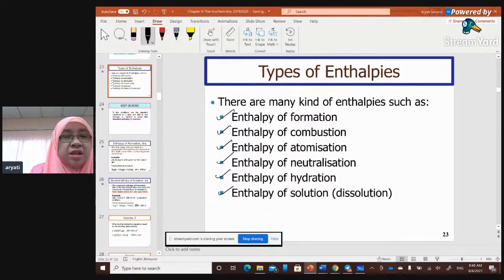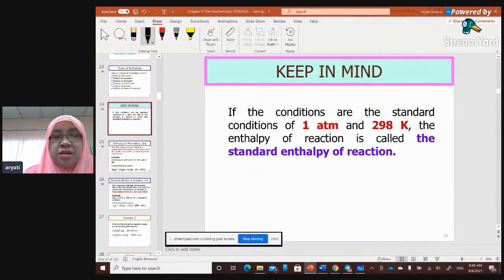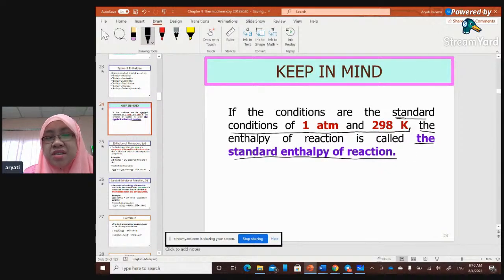For all these enthalpies you need to remember the definition and make sure you can write the thermochemical equation based on the definition. Please keep in mind if the conditions are at standard conditions, which is pressure 1 atm and temperature 298 Kelvin, the enthalpy is called the standard enthalpy of reaction, with the symbol delta H naught.